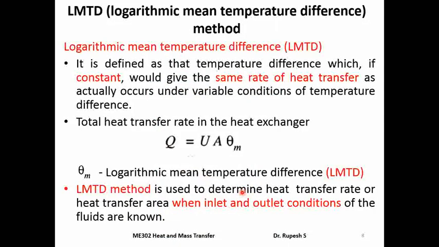Now let us see the definition of LMTD. LMTD is defined as that temperature difference which, if constant, would give the same rate of heat transfer as actually occurs under variable conditions of temperature difference. Actually, the temperature difference is varying throughout the length of the heat exchanger.